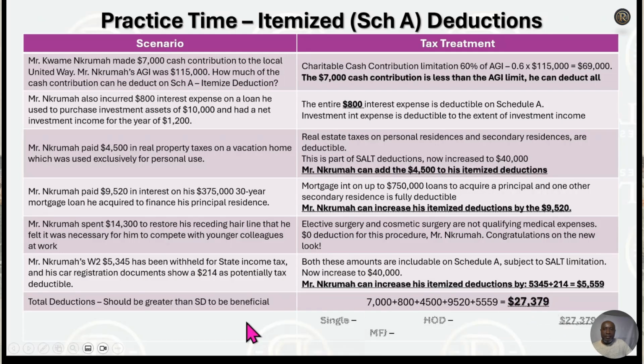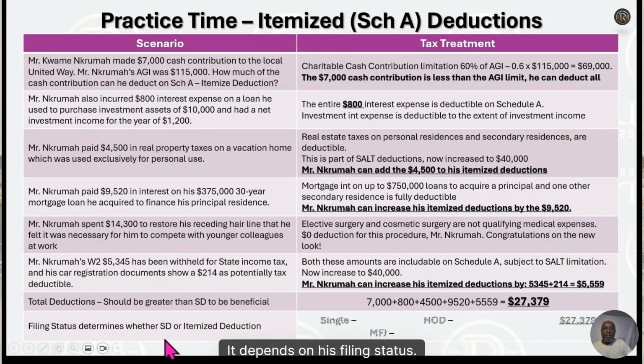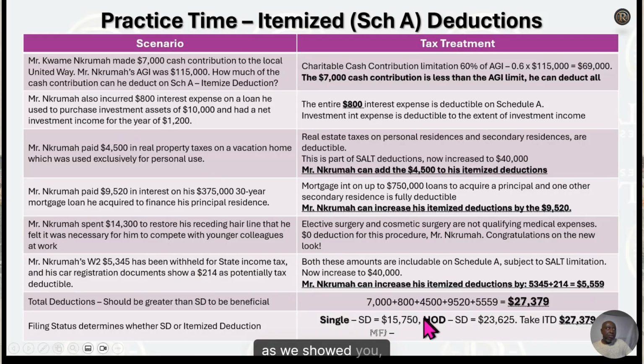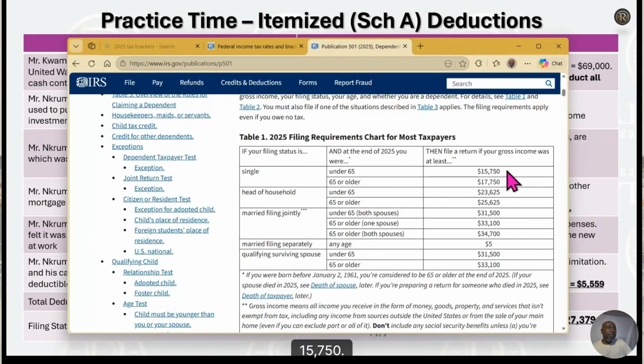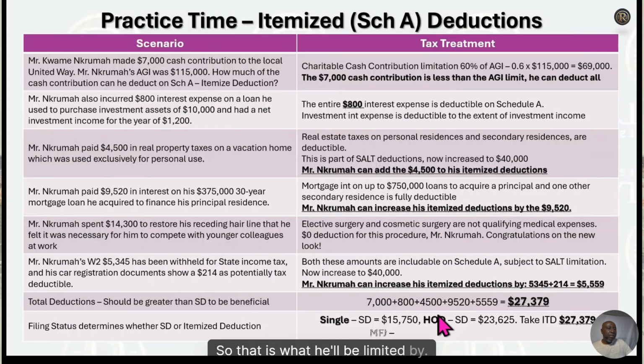Is he going to be able to take all of that? It depends. It depends on his filing status. So let's assume a couple of scenarios. If you are single, as I showed you, the single standard deduction is $15,750. So that is what he'll be limited by. If he's head of household, in other words, he has a dependent with him in the house, it's going to be $23,625.